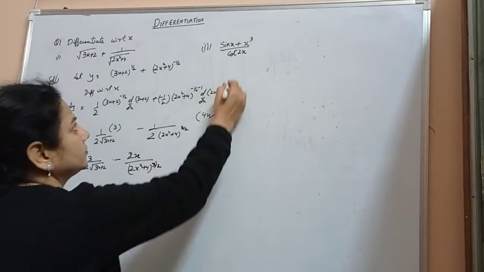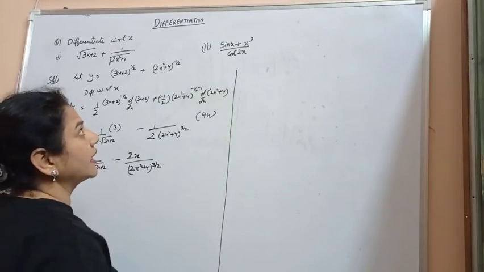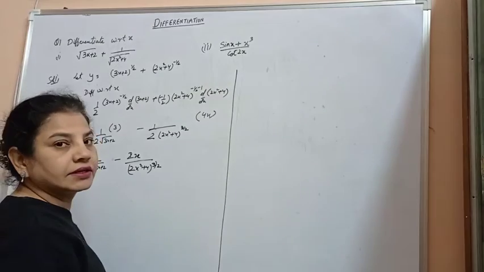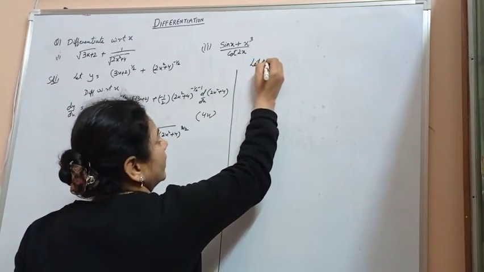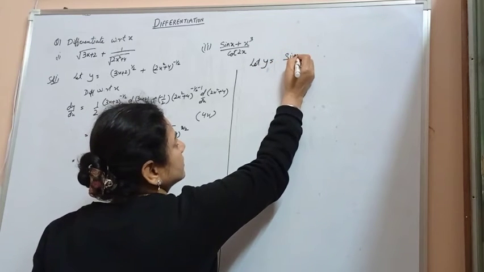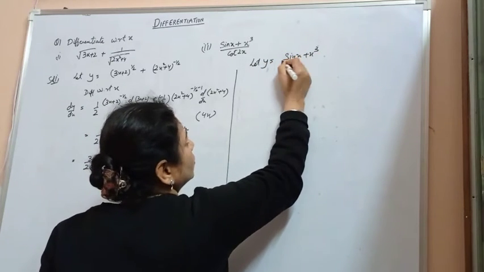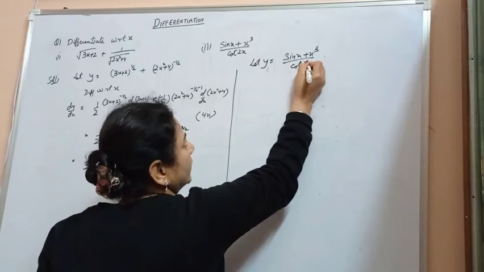For this function, (sin x plus x cube) upon cot 2x, I take let y is equal to (sin x plus x cube) upon cot 2x.